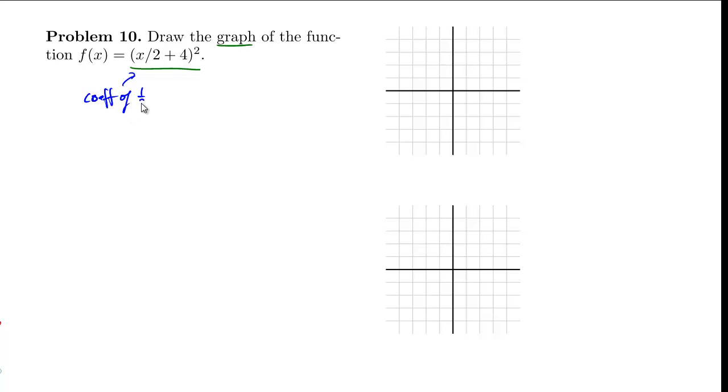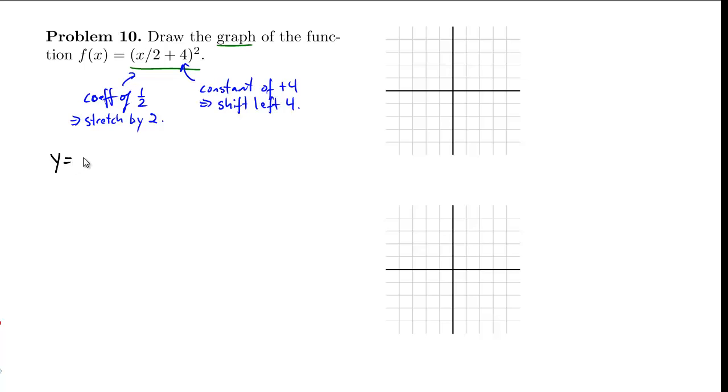This corresponds to a horizontal stretch by a factor of 2. We also see that 4 is added to x over 2. So it looks like there's been a horizontal shift to the left by 4 units. The shift is to the left since 4 is positive. Remember, everything is backwards for horizontal transformations.